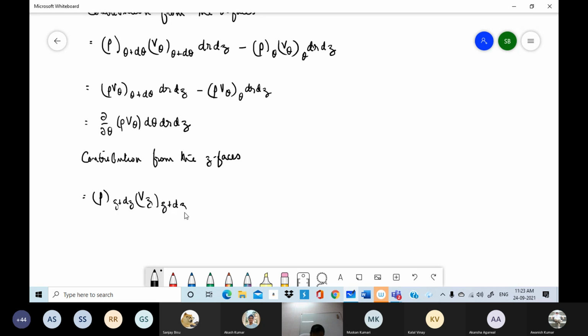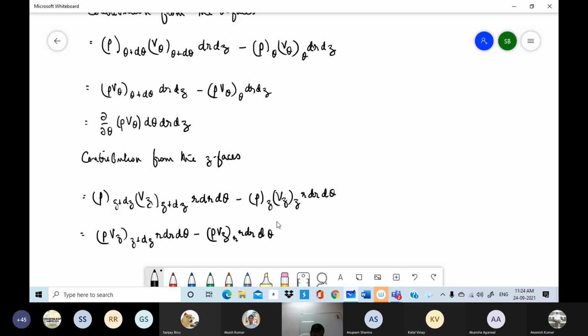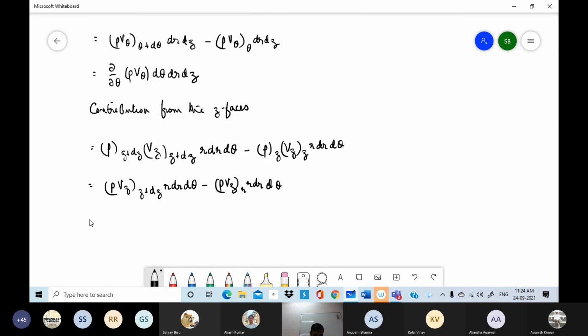This evaluated at z plus dz into the area which is r dr d theta, minus... this time all the factors of dV have appeared.